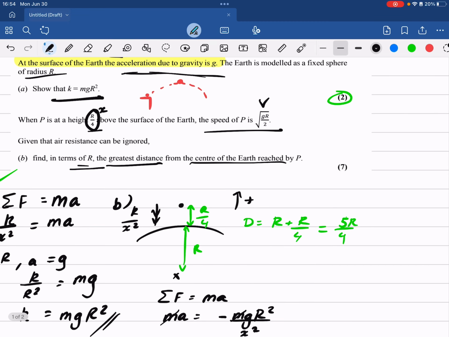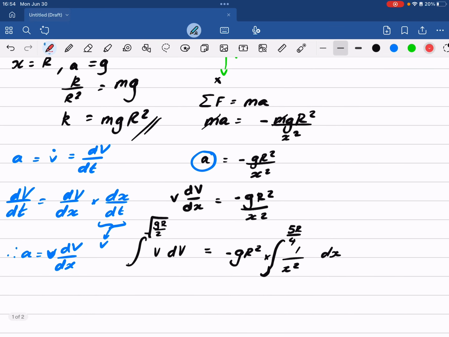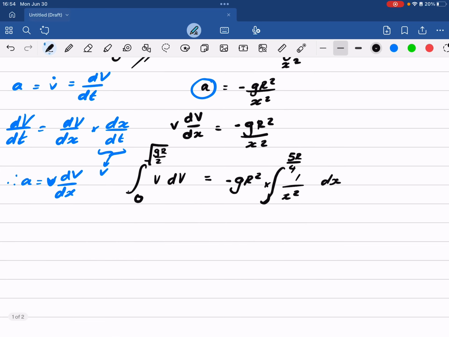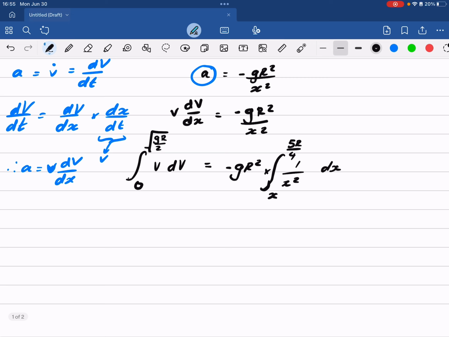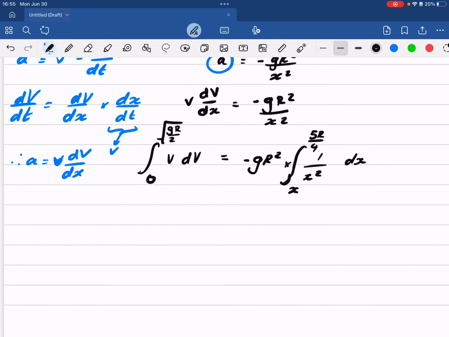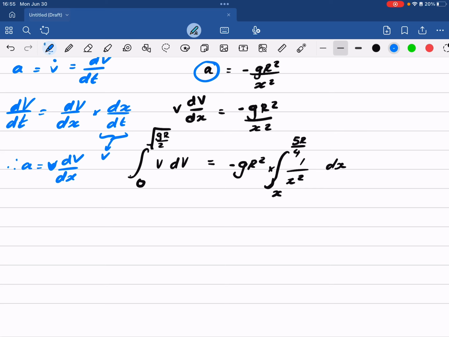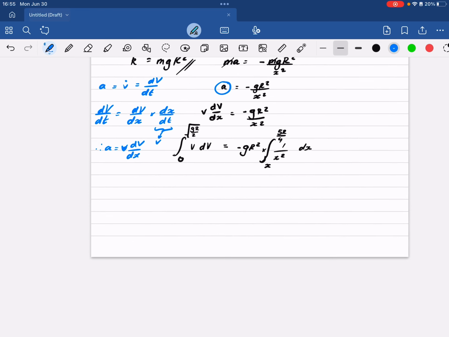And so we want to find the displacement at the greatest distance. And as I said initially, when we think about it like projectile motion, to be at the greatest distance, v is equal to 0. And we just want to find x, basically. We can just let the point at which the speed is 0, so the greatest distance, equal x. So now it's practically just basic. We just solve the ordinary differential equation.